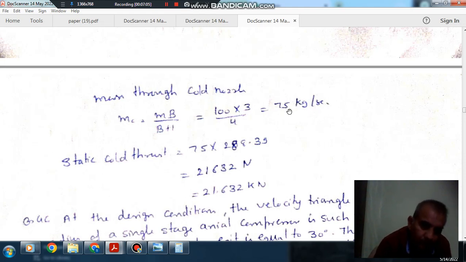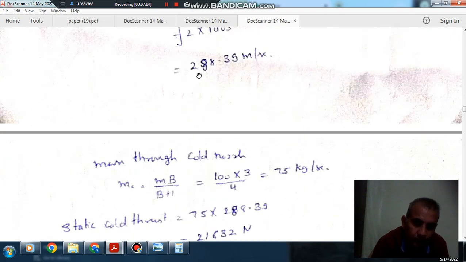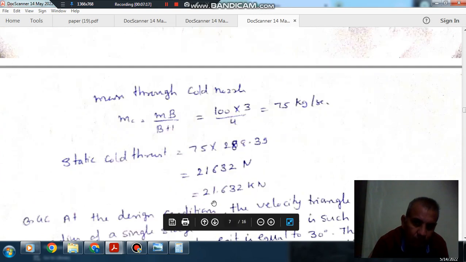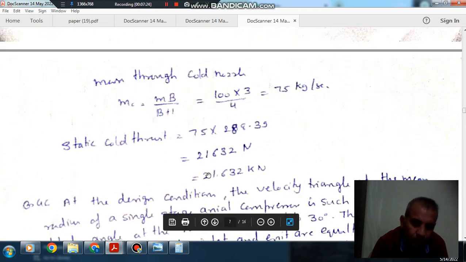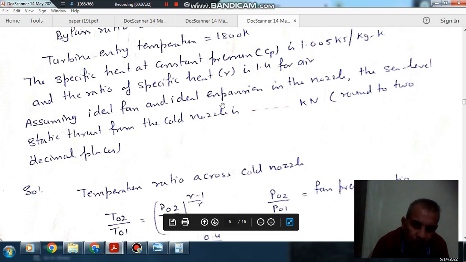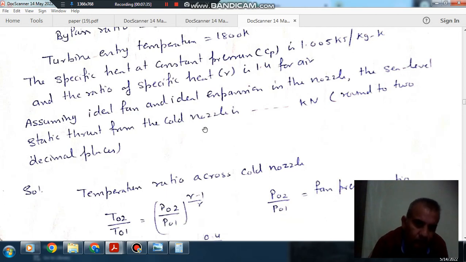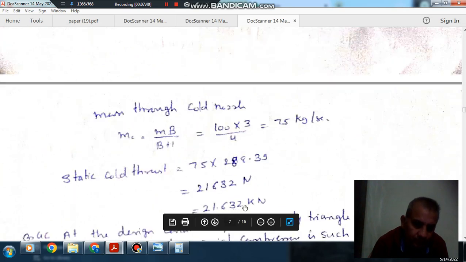The static cold thrust is 75 times the exit velocity, because the inlet velocity is 0. So that is 21632 Newton, or 21.632 kilonewton. We only have to calculate the cold thrust, so that is the answer, 21.632 kilonewton.